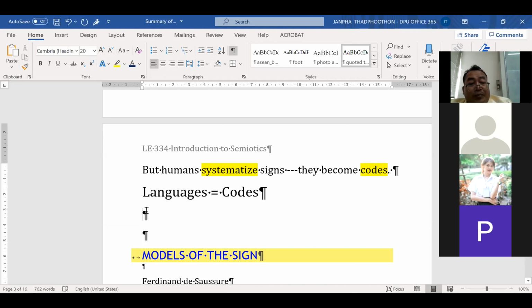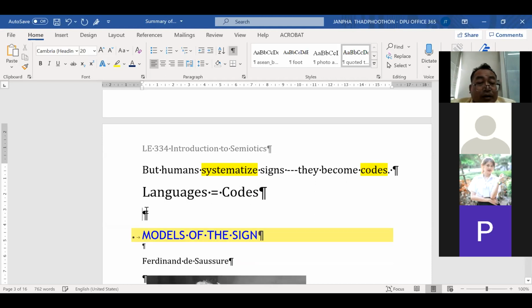And we, human beings, are capable of interpreting and producing signs. That's why we have the language. Any questions?